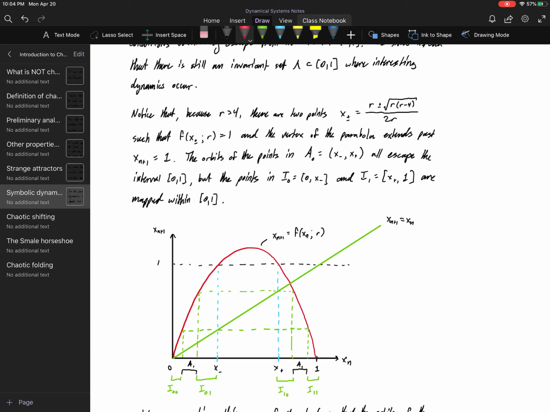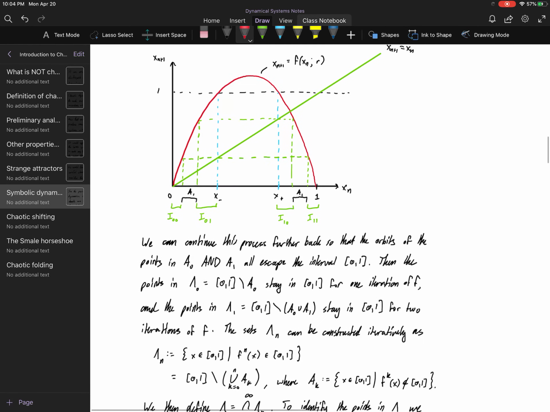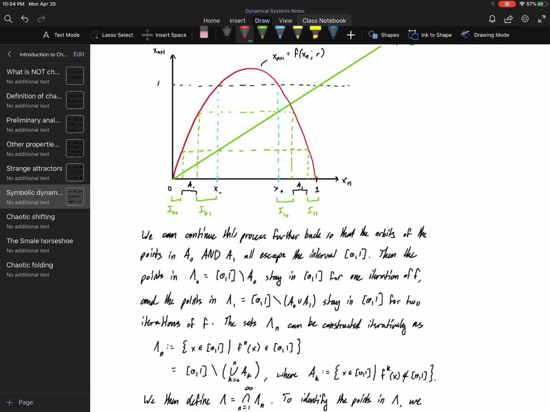However, the points that live in the interval and are not in A0 are still mapped within 0 to 1 because their heights all stay between 0 and 1 on the x_{n+1} axis. So what we wind up creating here are two sets. Do I want A1? Yeah, we'll talk about A1 in a second.